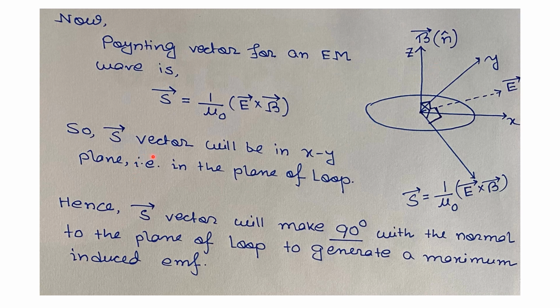So S vector will be in the xy plane, that is in the plane of the loop. Hence, S vector will make 90° with the normal to the plane of the loop to generate a maximum induced EMF.